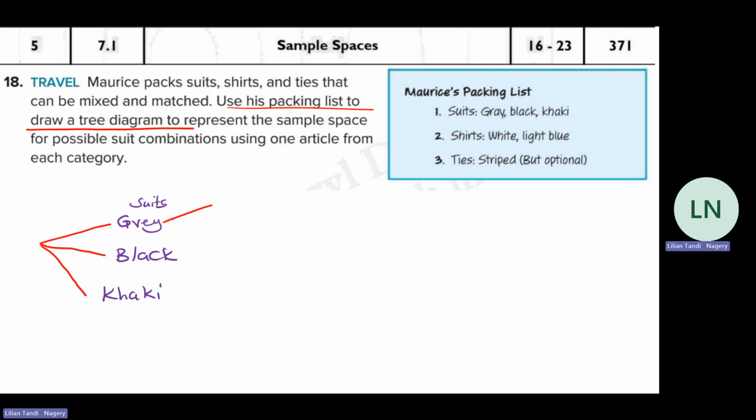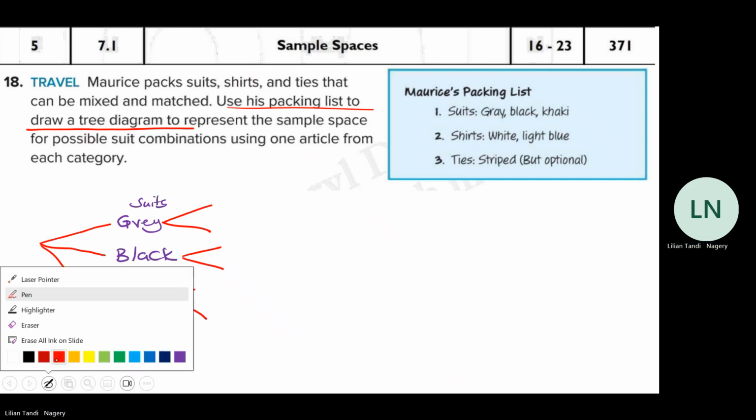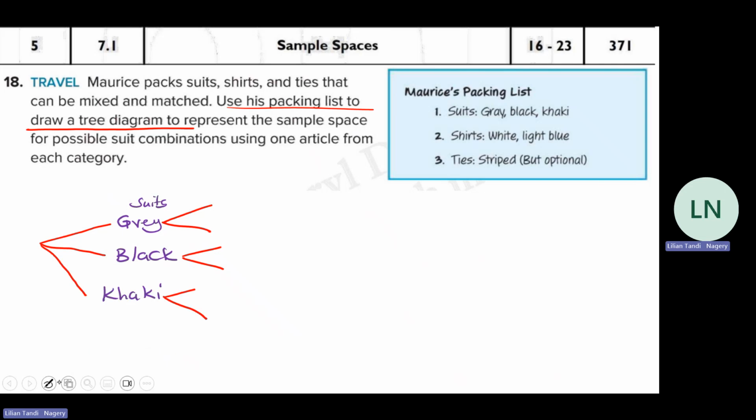So we have 2 shirts. So each one of them gets 2. So what shirt does he get? He gets a white and a light blue. A white and a light blue. A white and a light blue. Okay?